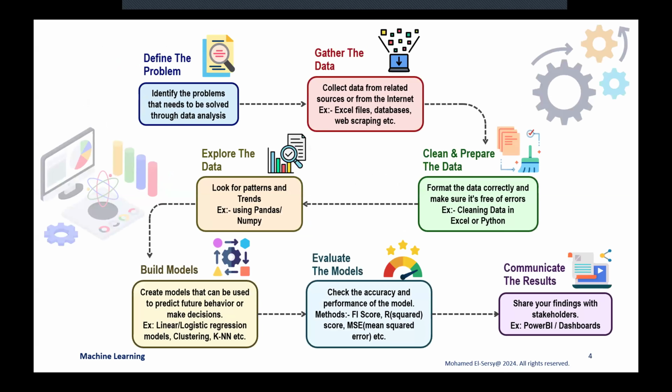For any project workflow, we need to define some steps to follow to apply any data science or machine learning project. First of all, we need to identify the problem.